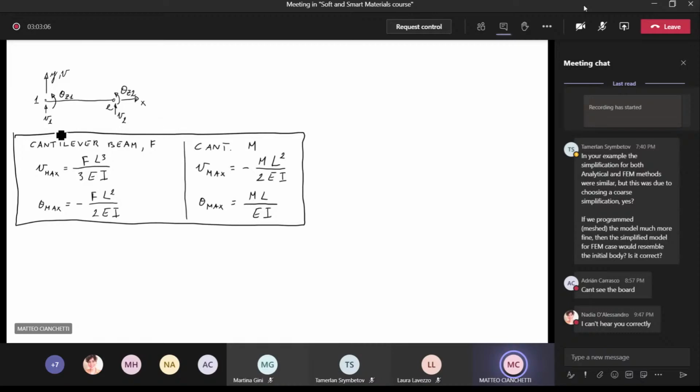So in this case, we have V1, V2, theta Z1, and theta Z2. So we have 4 degrees of freedom, 2 degrees of freedom for each node, we can also say. So what is the dimension of the element stiffness matrix that we can expect? Come on, guys.